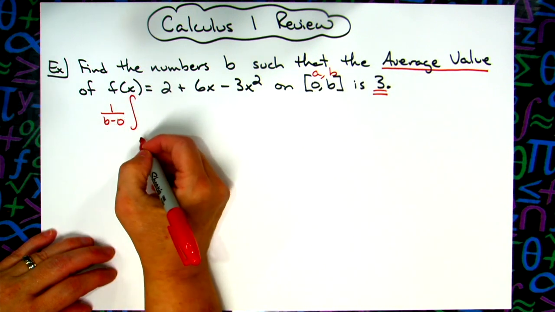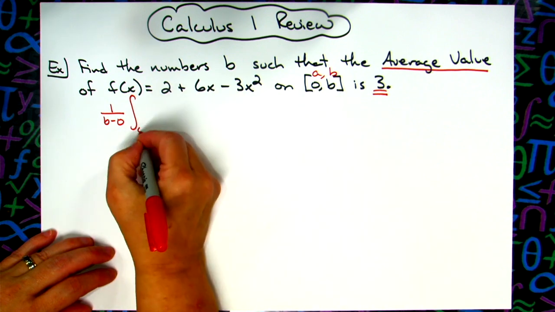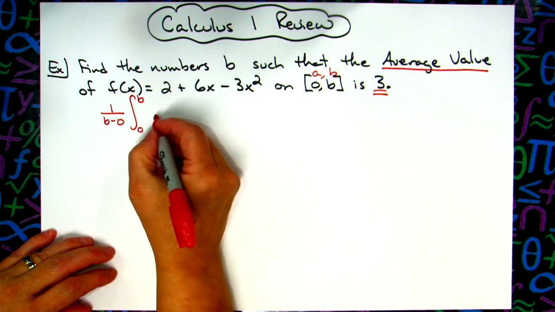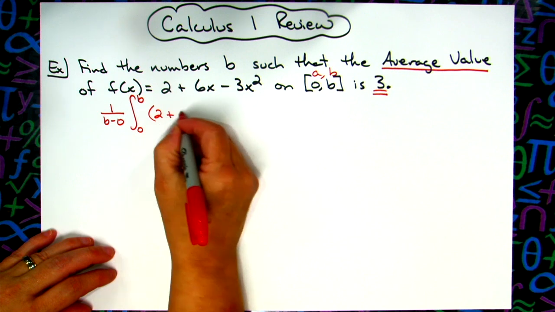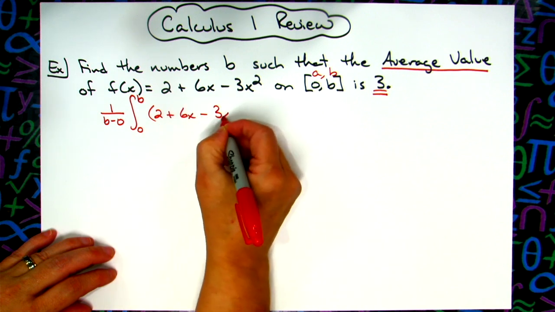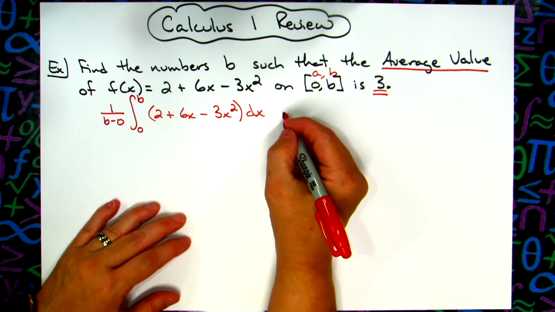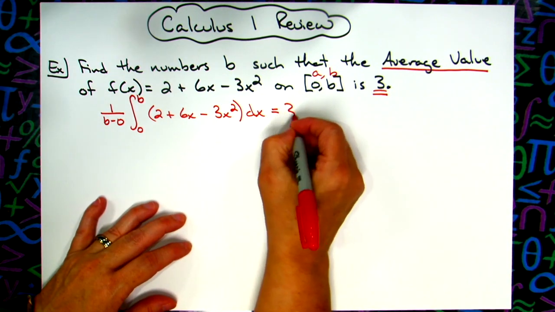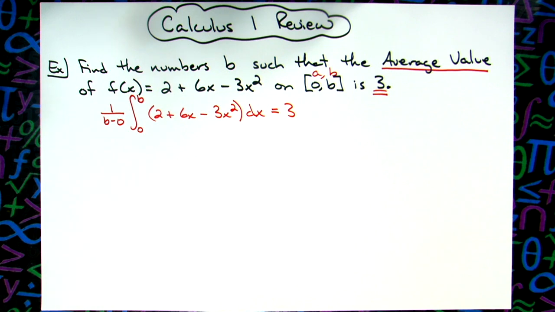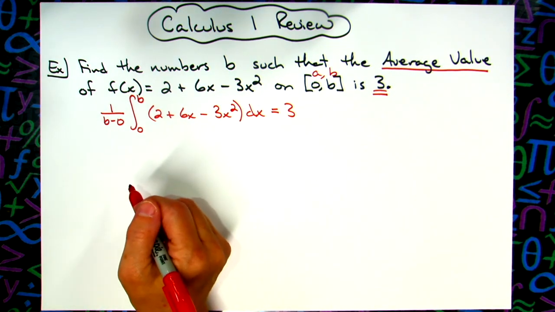I'm going to integrate from 0 to b of the function, 2 plus 6x minus 3x squared dx, and that being the average value of the function is supposed to be equal to 3. Now, this is just a matter of going through and evaluating this and solving for b.